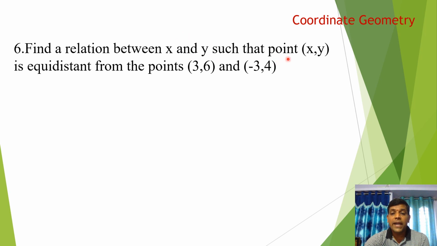The point x comma y is equidistant from the points 3 comma 6 and minus 3 comma 4. Now what do you observe? Find the distance between x, y and 3 comma 6, and the distance between x, y and minus 3 comma 4. These two distances are equal. Now you have to write the relation between x and y. Coming to the solution.